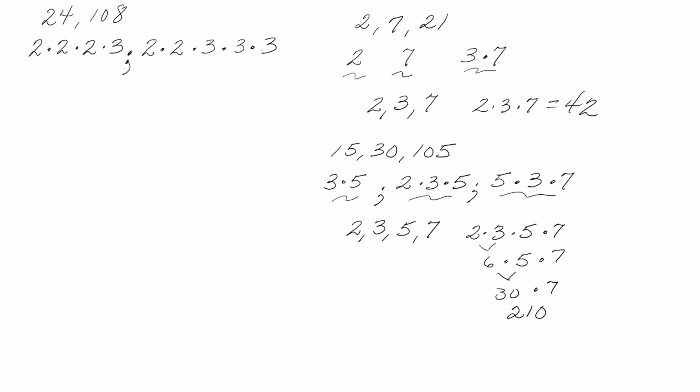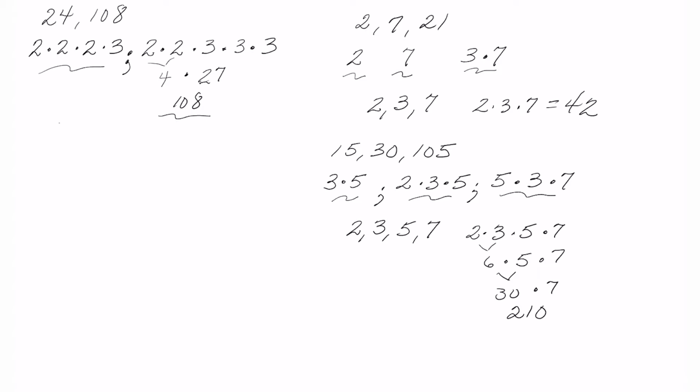Let me check that and make sure that's right. 2 times 2 is 4, and 3 times 3 times 3 is 27. So 4 times 27 is 108. Okay, just checking behind myself.